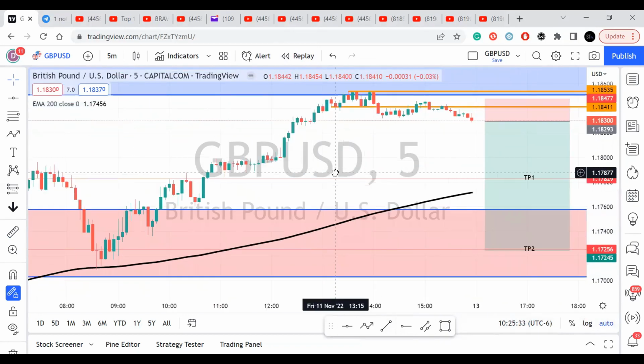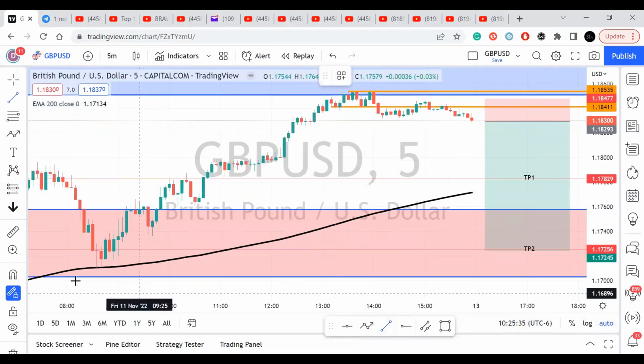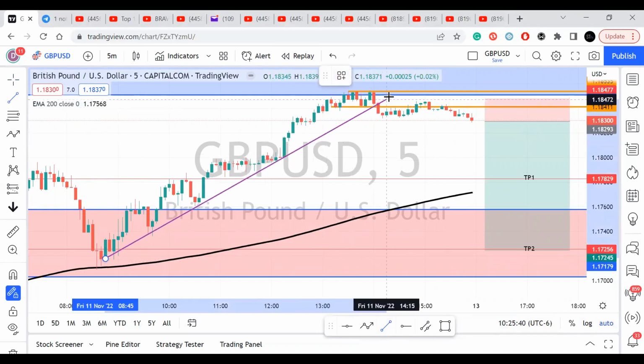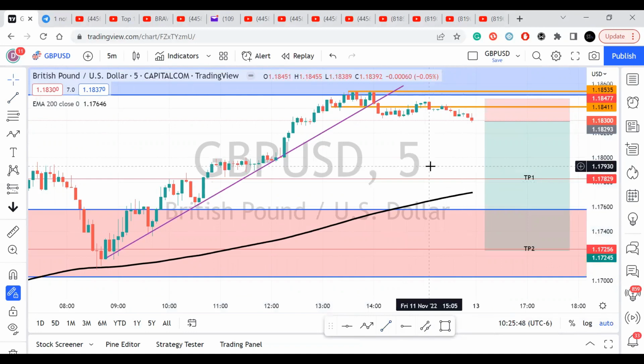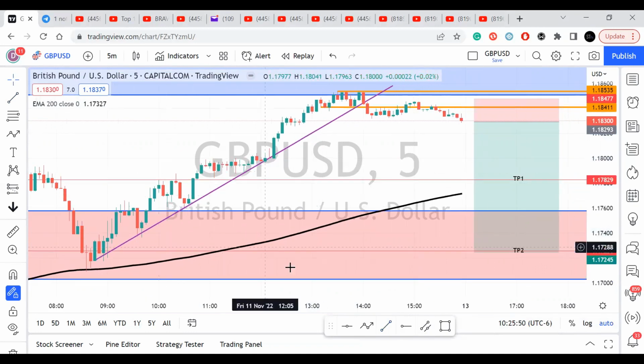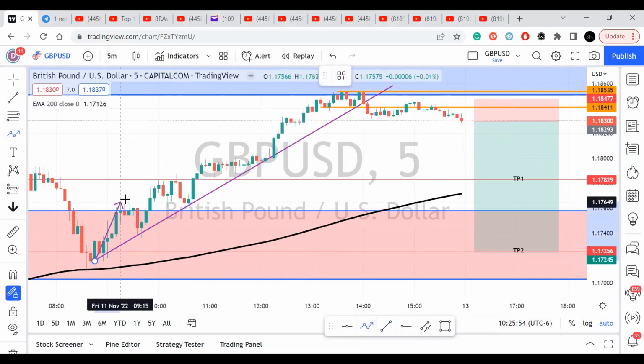Therefore, I'll just add a trend line to this. If I just add this simple trend line, you can see the behavior. The market was respecting this trend line.